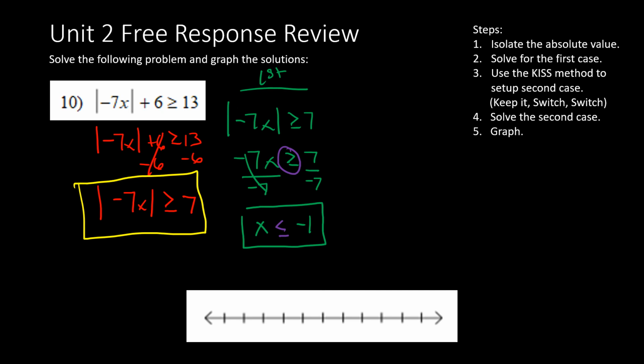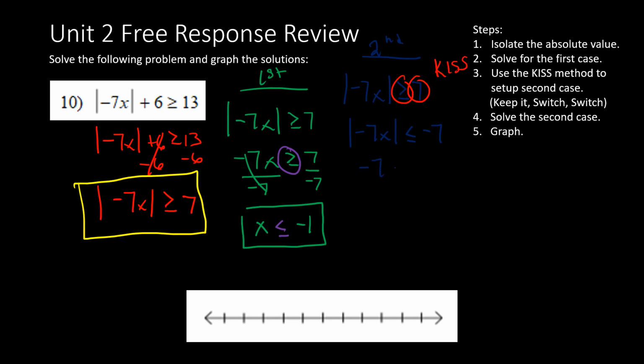Okay? Well, let's go ahead and work on the second case. So we set up the same equation. Absolute value of negative 7x is greater than or equal to 7. Apply the KISS method. So switch, switch. So we'll have the absolute value of negative 7x is less than or equal to negative 7. We drop the absolute value.